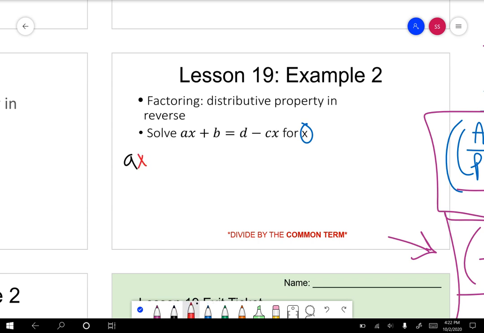The first thing we would want to do, again, is isolate whatever variable we're solving for on one side. So we need to move the x terms onto the same side. We're going to have to move this whole term to this side. Notice that right now it's being subtracted, so we're going to do the opposite, and we're going to add c times x.